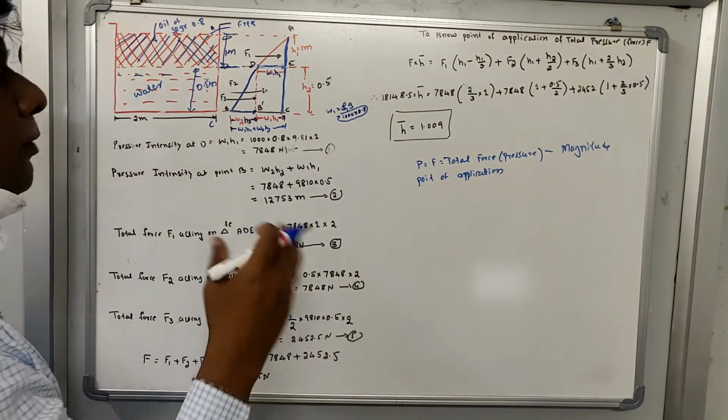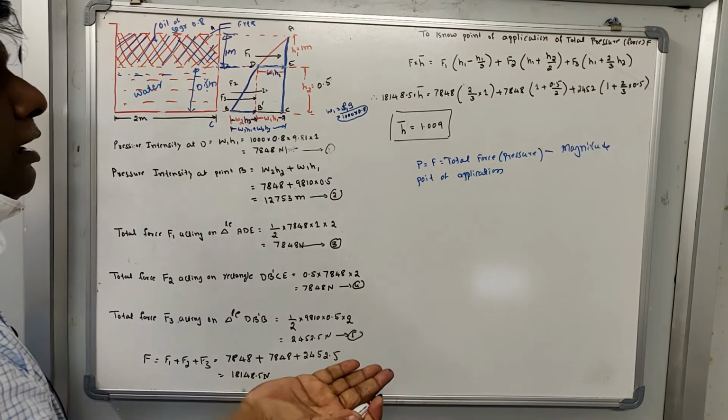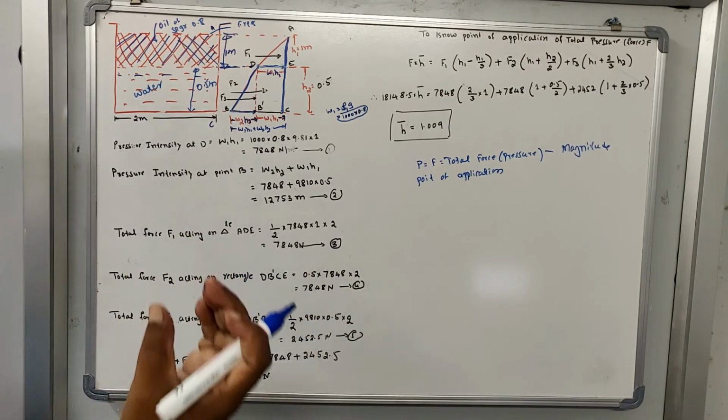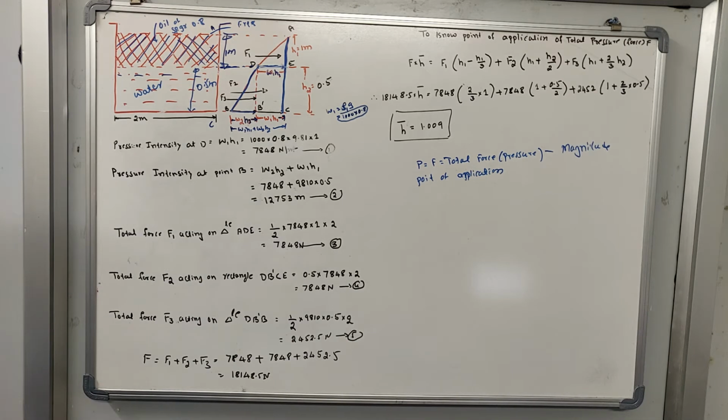Okay, multiplied by 9.81. You know from the definition that the specific gravity of any fluid is equal to the ratio of mass density of that fluid to the mass density of the standard fluid. Standard fluid is water, therefore mass density of any fluid is equal to specific gravity multiplied by mass density of the standard fluid.